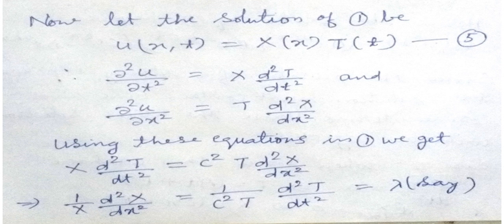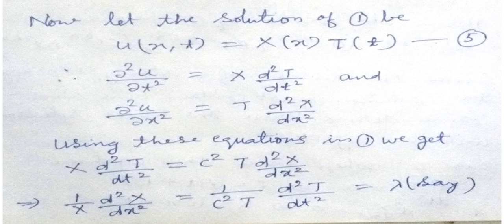Suppose by the method of separation of variables, the solution of equation 1 is given by u(x,t) equal to X(x) into T(t). Therefore, del 2u upon del t square and del 2u upon del x square are given as follows.